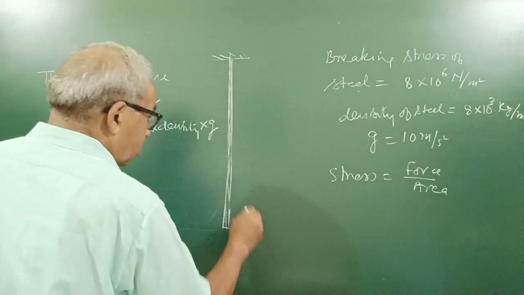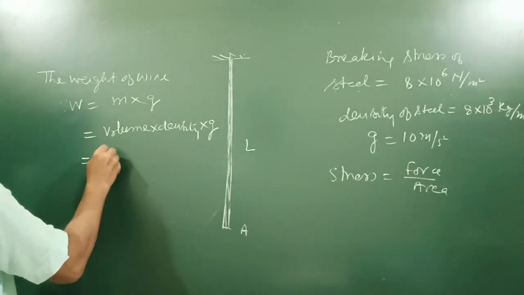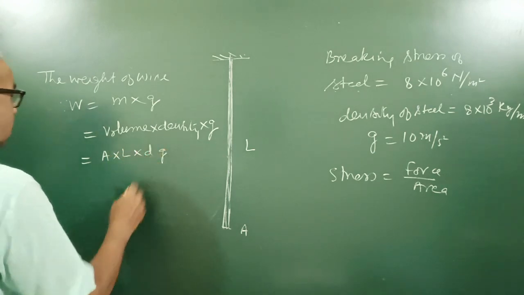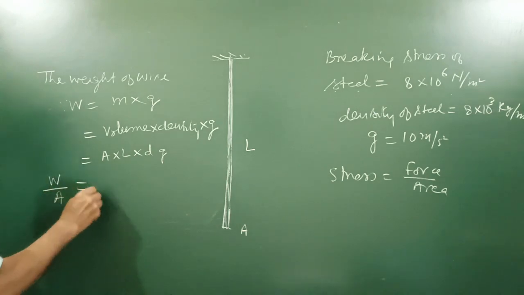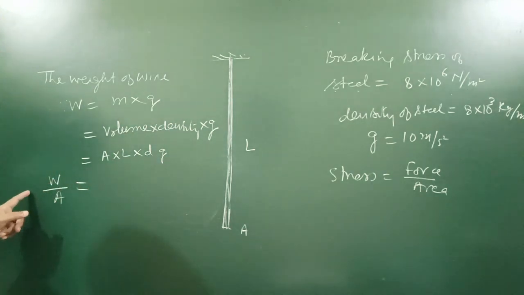If L be the length which can hang, then volume will be A into L, into density, into G. W upon A becomes the stress produced due to its own weight.